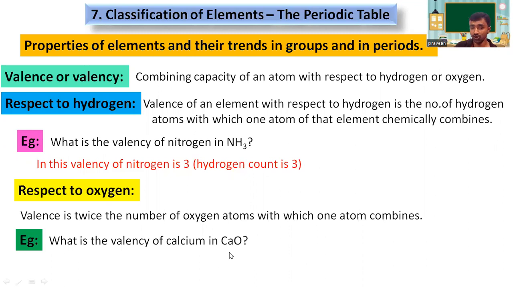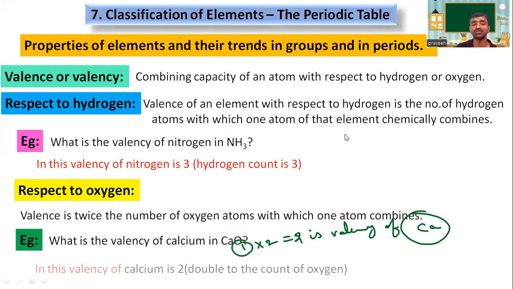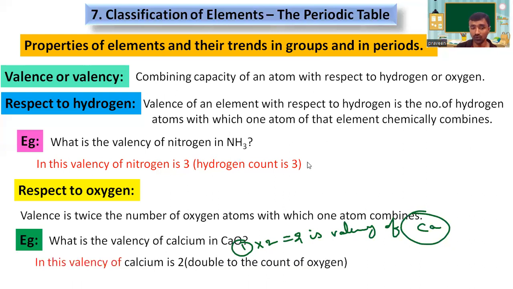How many oxygens are there in the formula? 1. So doubling it gives 2. So 2 is the valency of calcium. This is how you calculate the valency: the count of oxygen is 1, doubled is 2.